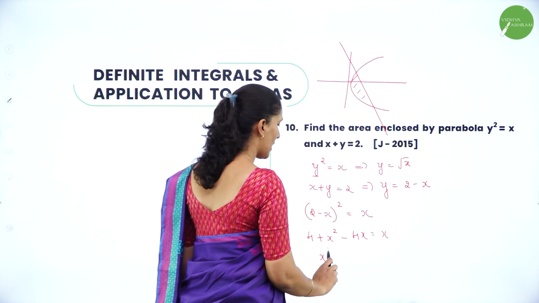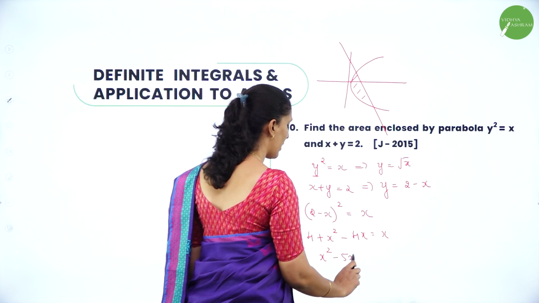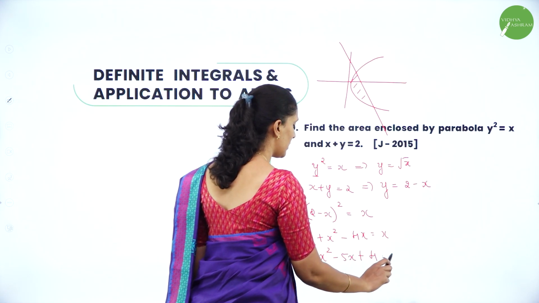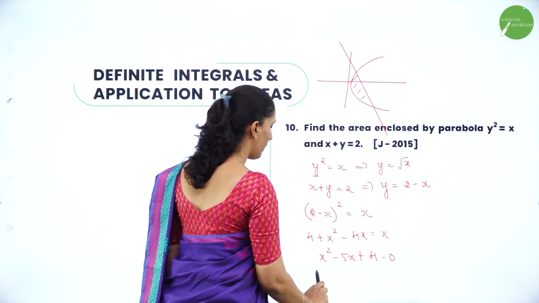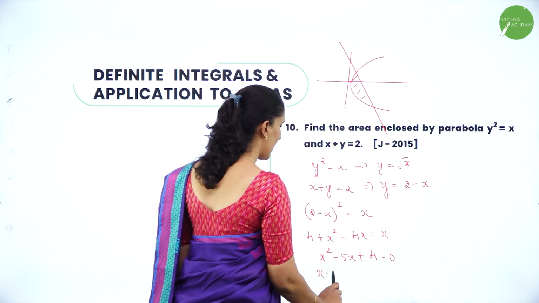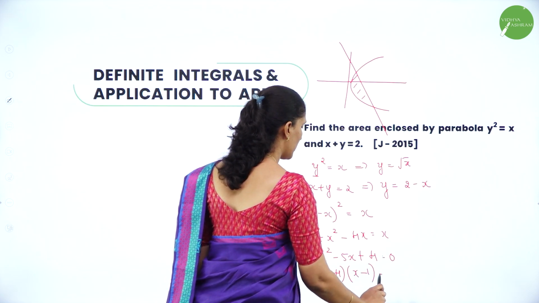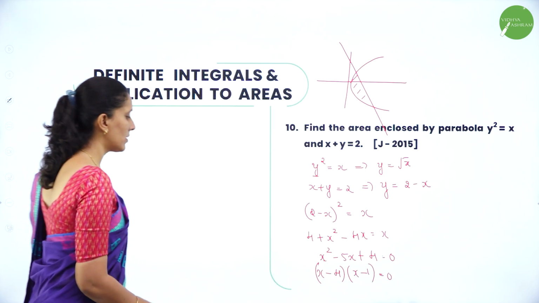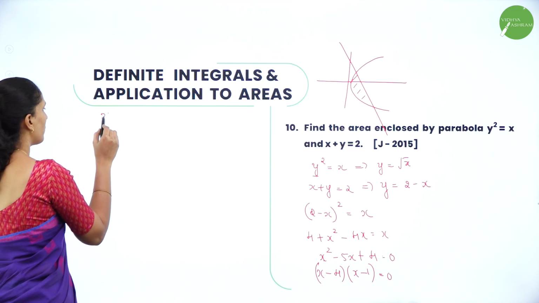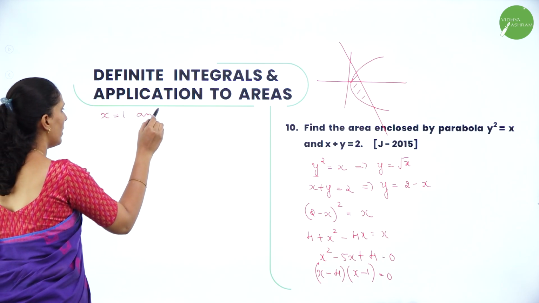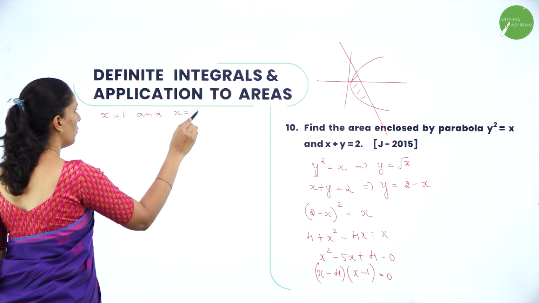Or I can write this as x square minus 5x plus 4 is equal to 0. On solving this, I'll get x minus 4 and x minus 1 is equal to 0. So from these factors, we will get x is equal to 1 and x is equal to 4.